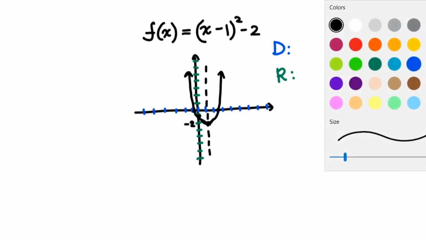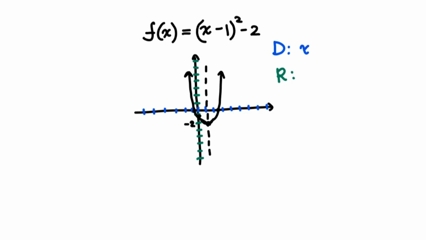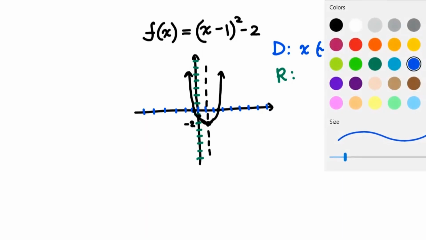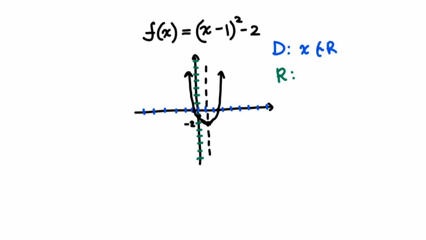Therefore, the domain of this function is x is all real numbers. Now, if I look at the range of the function, I can see that my function goes down to -2, but it doesn't exist below this value.